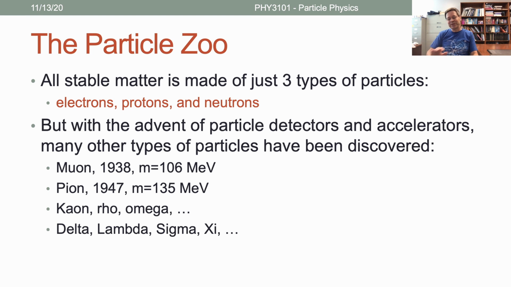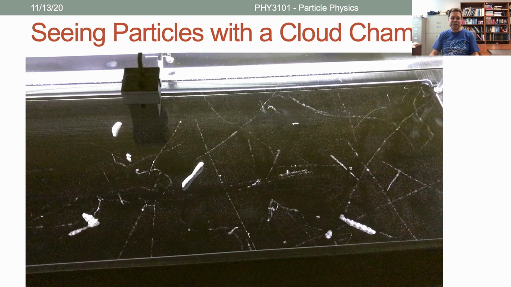And before we go into this catalog of this zoo of particles, let me show that it is possible to see evidence of these particles in experiments. Let me show you the simplest of detectors, which is known as a cloud chamber. It's basically an alcohol vapor that's chilled, so it's supersaturated.